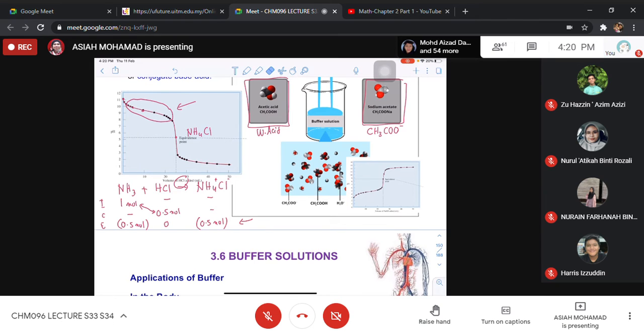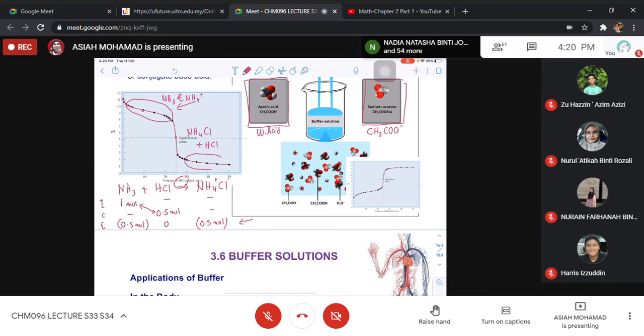So at this point of reaction, dia ada NH3 dan NH4 plus present bersama. So maka tu adalah buffer region for this type of titration. Okay. Once dia dah sampai equivalent point, kalau you tambah lagi acid, so dia akan ada NH4Cl dan HCl. Okay, kalau you tambah lagi HCl, tambah lagi.